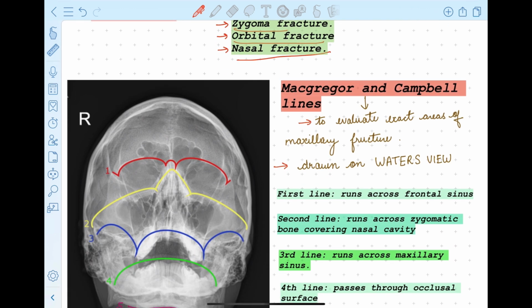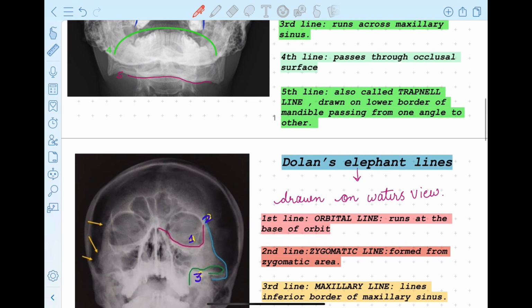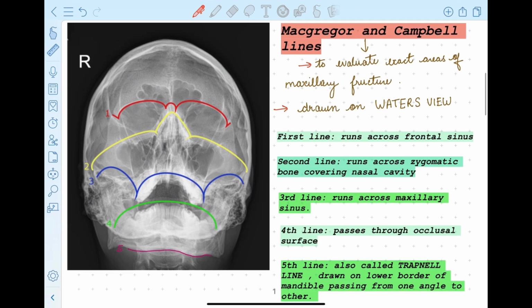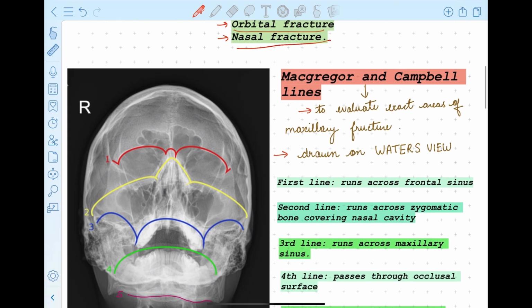Now in exams and in viva, the examiner asks what are the Macgregor and Campbell lines and what are Dolan's elephant lines. Let me tell you first why these lines are drawn.